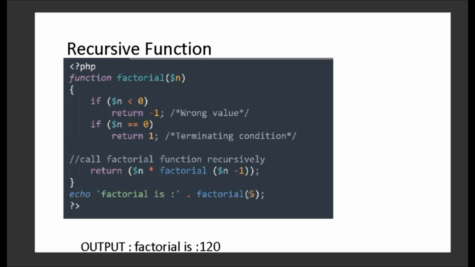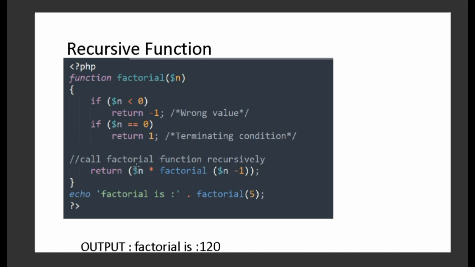Here the value of n is 5, so the condition is false, then it will jump to the next if statement. It will check if the n value is equal to 0, the condition is false, then it will jump to the return statement.